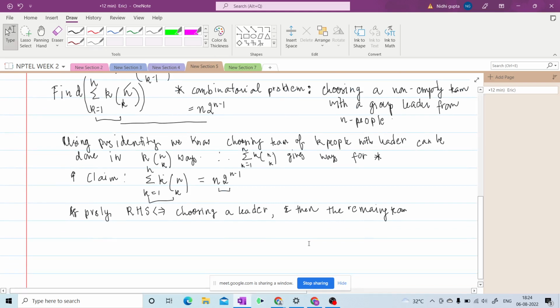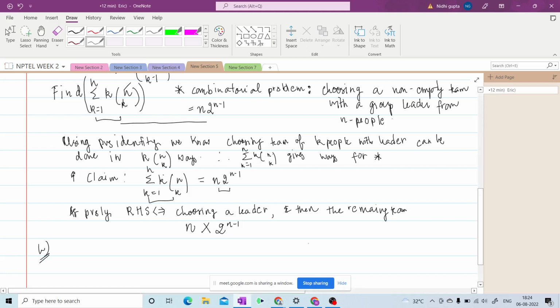We can choose the leader in n ways. Basically, we have n options for a leader, and then to choose the remaining team, we have to choose some people out of the remaining n minus 1 people, which can be done in 2 raised to the power n minus 1 ways. So we see that this quantity is equal to this quantity. Is this fine with everyone?